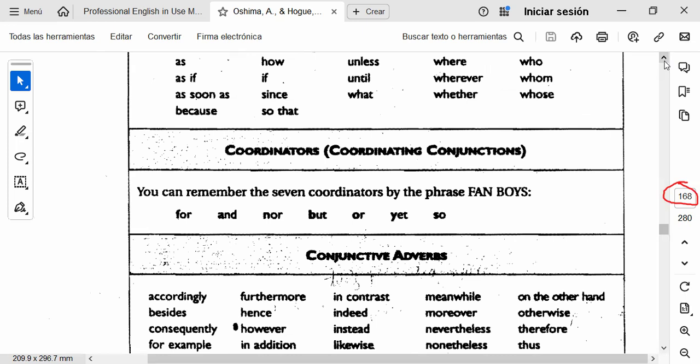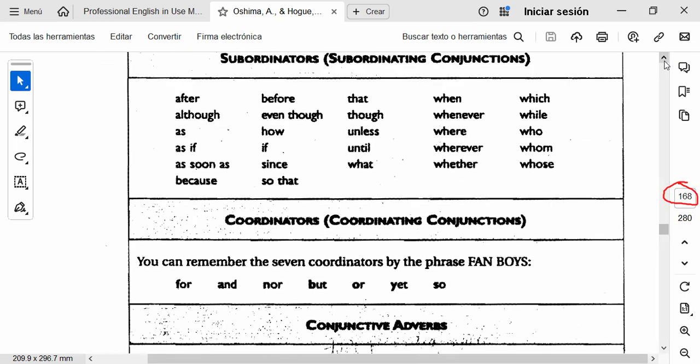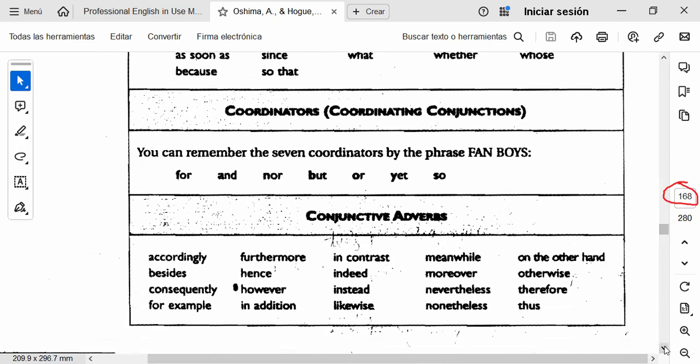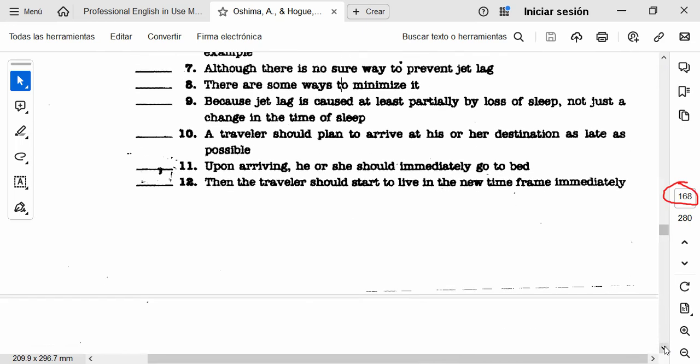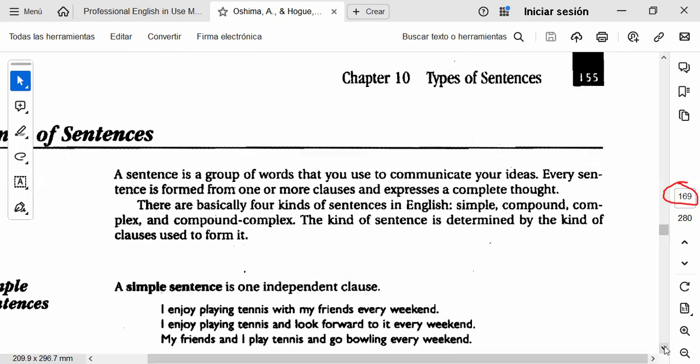After, no? Yeah, it's a preposition. Dependent. We have to have this. Then the traveler should start to live in the new time frame immediately. Dependent. Yes, that's right.